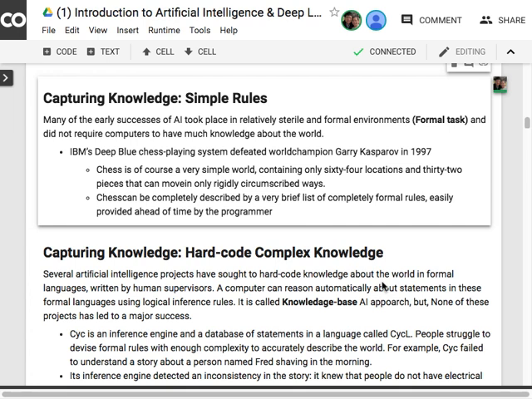When we look at the beginning of intelligent computers, the early success cases of artificial intelligence were tasks that are very formal and did not require knowing much about the world, something like chess AI, like IBM Deep Blue.